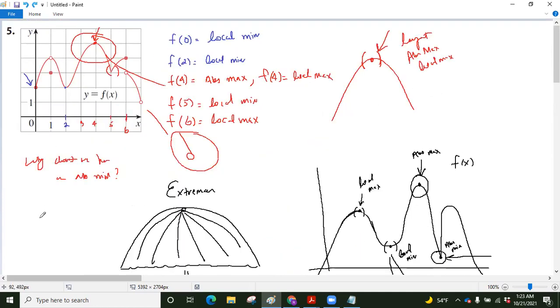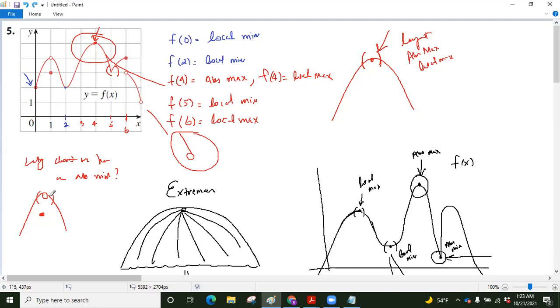At f of 1, we're essentially looking at a situation where there's a hole, and there's a point here. How we want to deal with this is that we want to look at the neighborhood of the points around it, and we act as if this hole was filled, but it's still on this level.